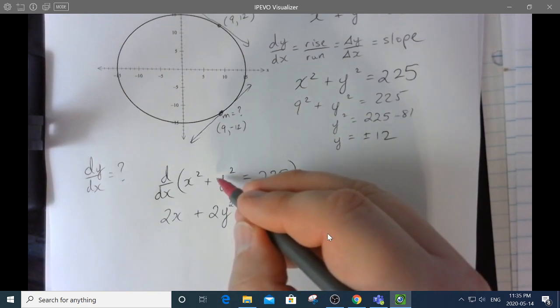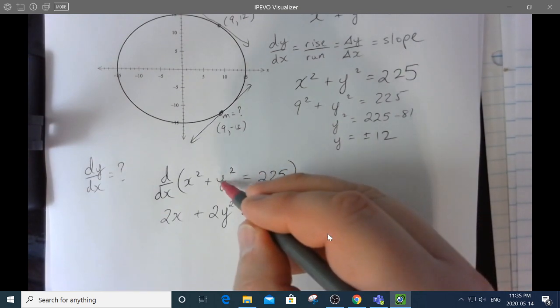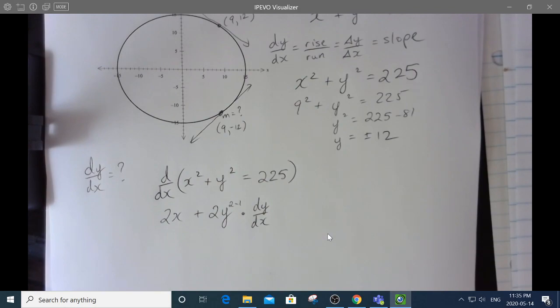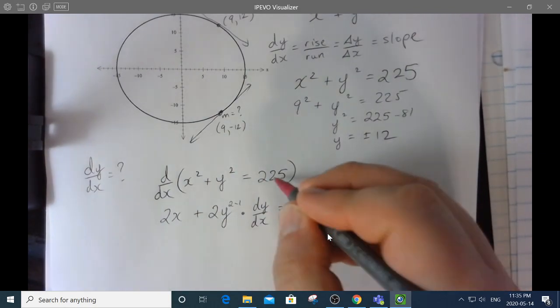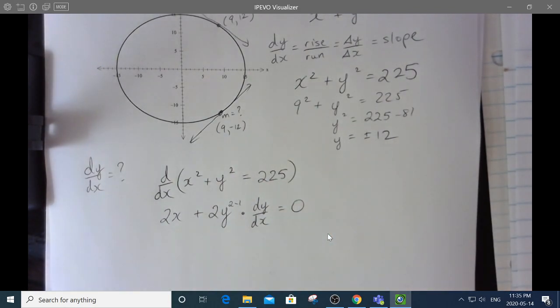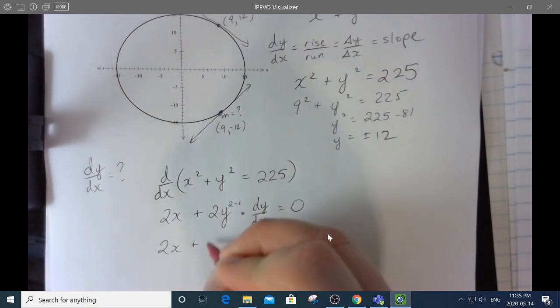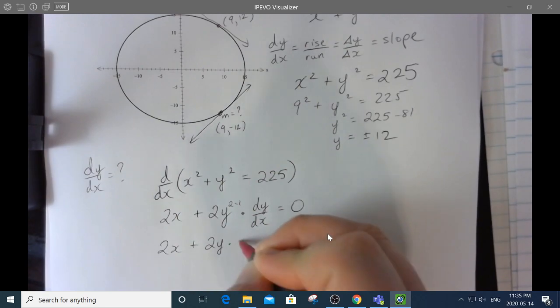I need the derivative of this function, and I don't know what this function is defined as in x, so I'm going to have to leave that as a variable. Of course, on the other side of the equation, the derivative of a constant is always 0, and of course the exponent becomes 1 here.